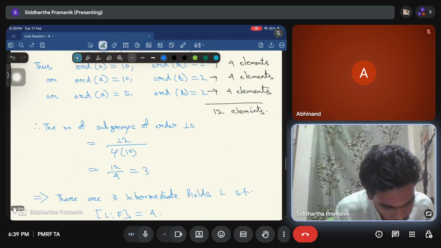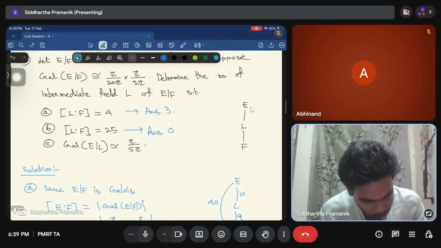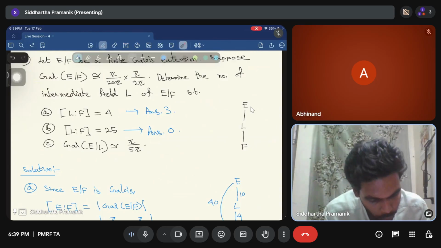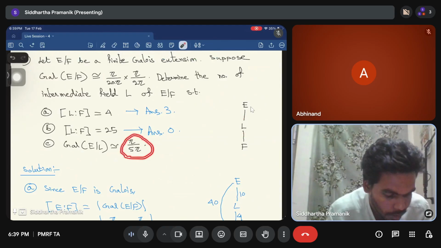Okay, so we have done the first two. Now let's do the third one. In the third one, we need to find the intermediate field L such that the corresponding Galois group is isomorphic to Z mod 5Z.